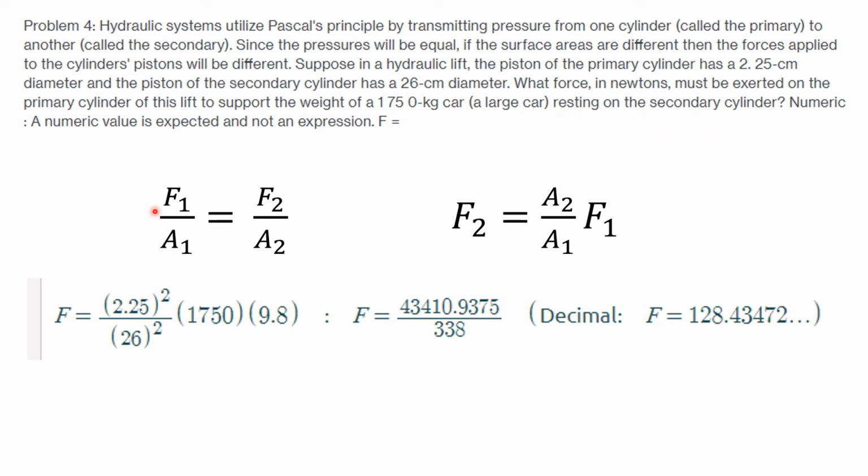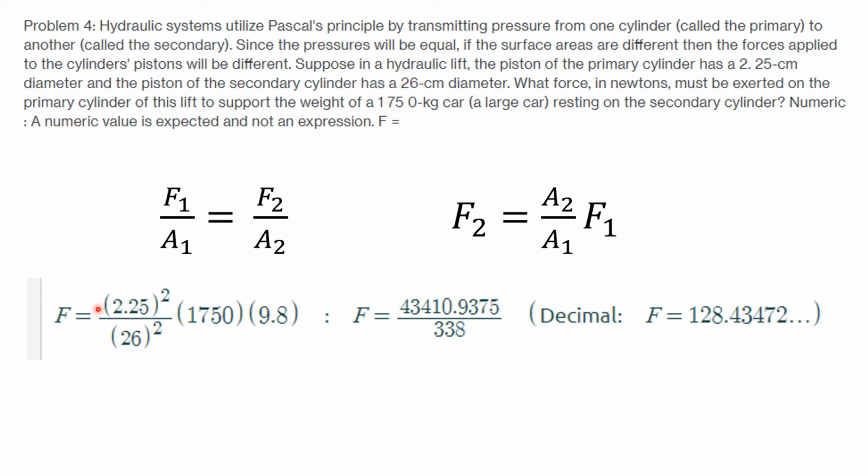Well, okay, so we know F1 over A1 is F2 over A2, and so F2 is A2 over A1 times F1. Now, as you're plugging in here, you have to think about what's going on, and we were asking how much do you push on the primary cylinder.